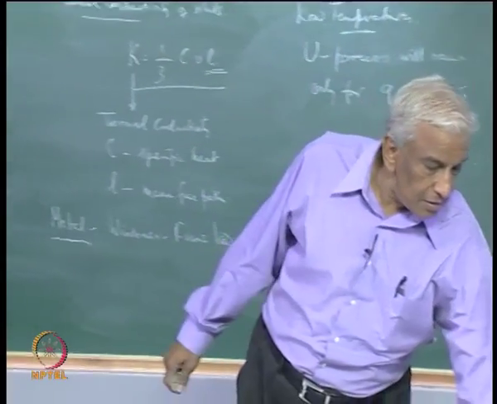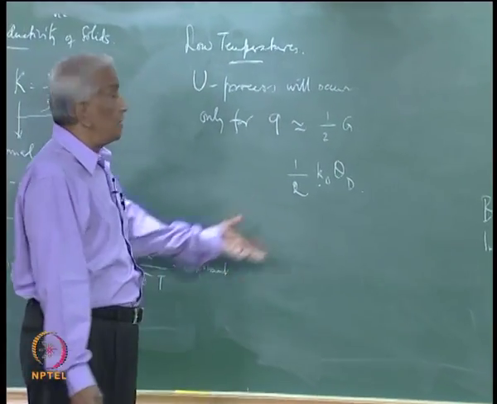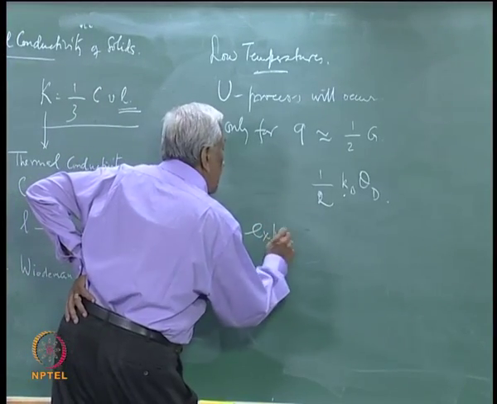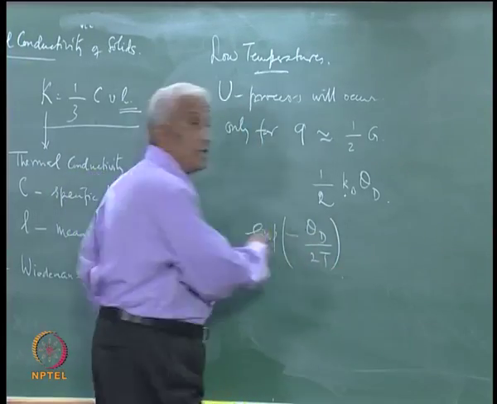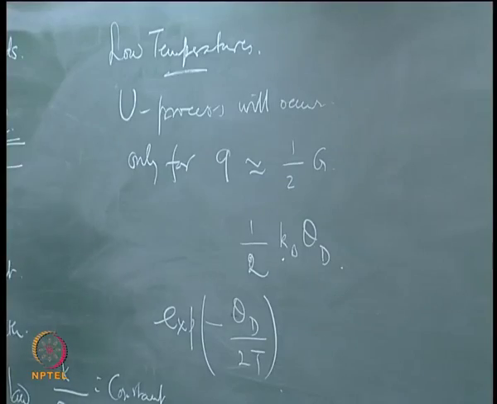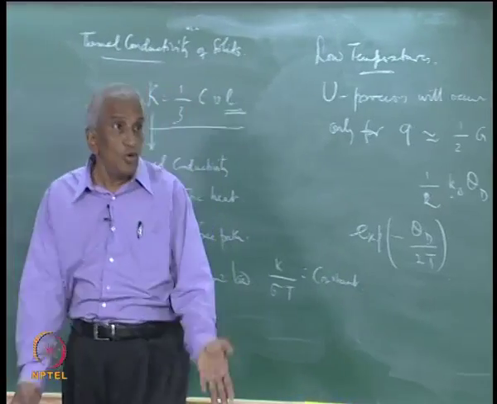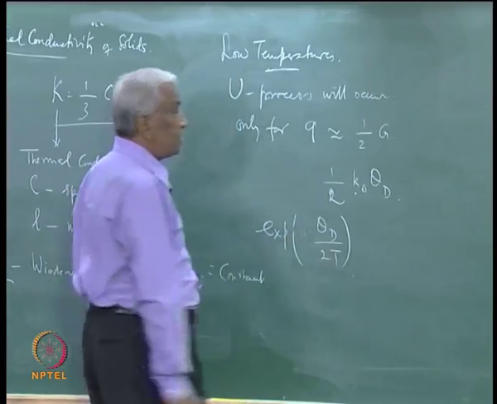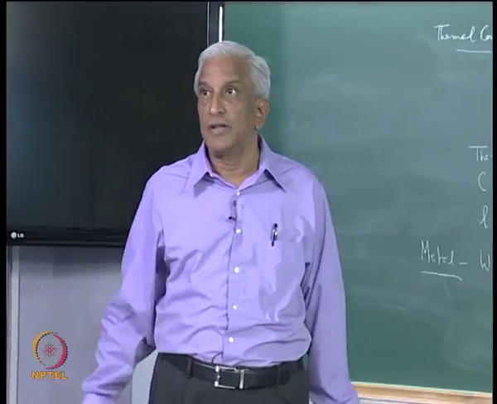So, if we take such an energy, what happens? The number of phonons which have this is going to go as exponential minus theta D by 2T, because of the Boltzmann factor. So, the temperature dependence of the phonon mean free path L due to the Umklapp process must be proportional to exponential theta D by 2T, because the mean free path goes as the inverse of the number density.